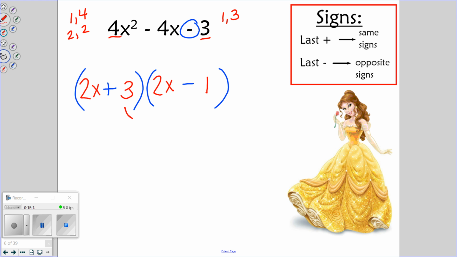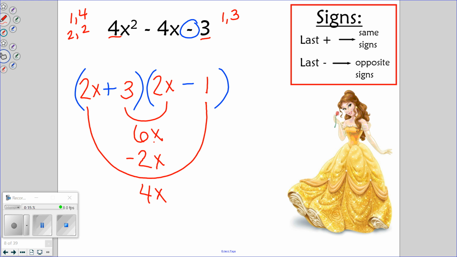All right. So let's check, right? I only really have to check inside. What's inside give me? 6x. Outside, negative 2x, which is a positive 4x. All right, now let's stop there for a minute. I got positive 4x, so I'm really close, right? What's wrong with it?